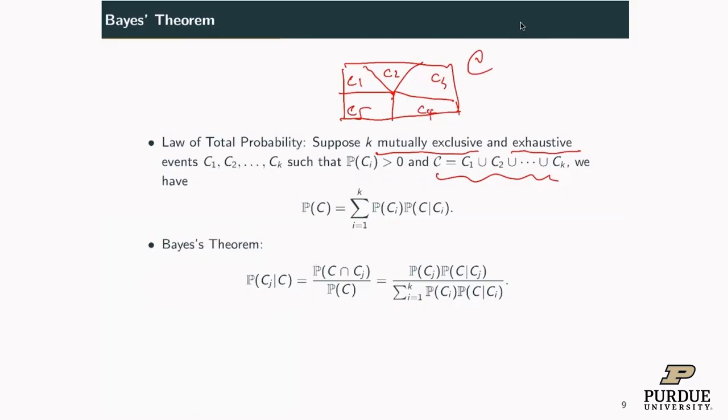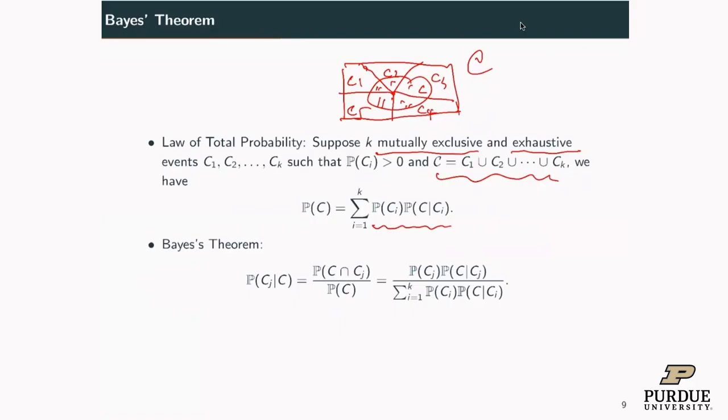They are mutually exclusive, there is no overlap, and if you put them together, it's the total sample space. You give me any event C. The probability of C is the probability of this, which is just the union of the intersections of C and Ci. Now probability C intersection Ci, by the multiplication rule, is probability Ci times probability C given Ci.